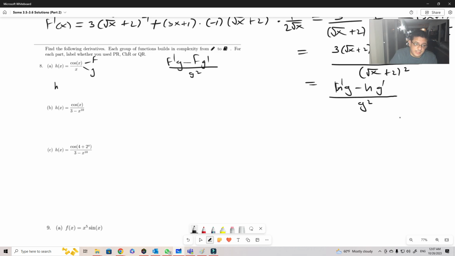So doing that, h prime is the derivative of cosine, which is minus sine, times g, which is x, minus f, which is cosine, times the derivative of g, which is x, so it's 1, over g squared, which is x squared. And that's pretty much the derivative in this. And so we can classify this as a quotient rule.